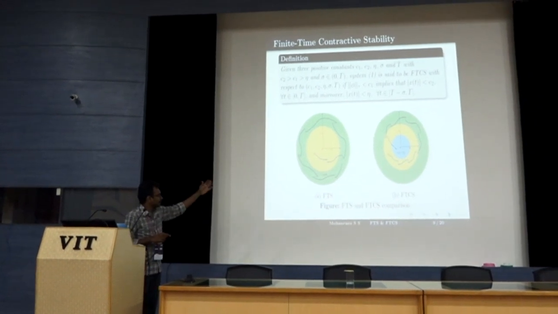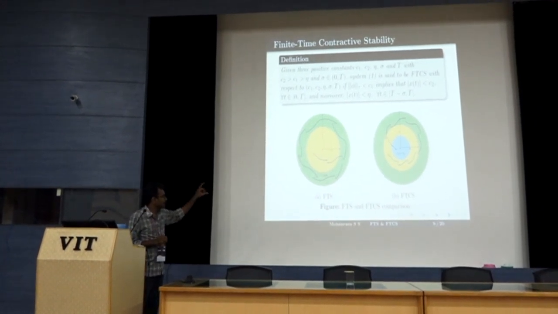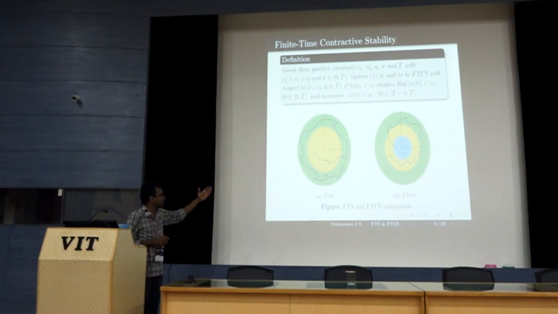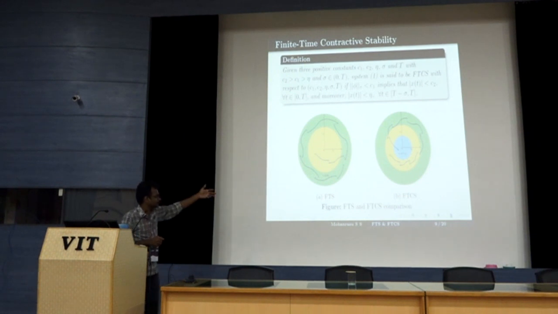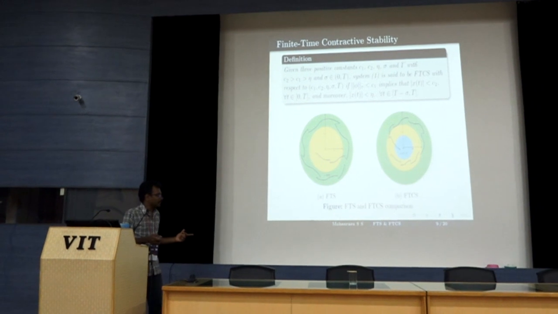In the first figure, the small circle denotes the bound for my initial condition, whereas the big circle denotes the bound for my entire system. If the system stays within this bound over a finite period, it is said to be finite time stable. Whereas in FTCS, a contraction is possible.